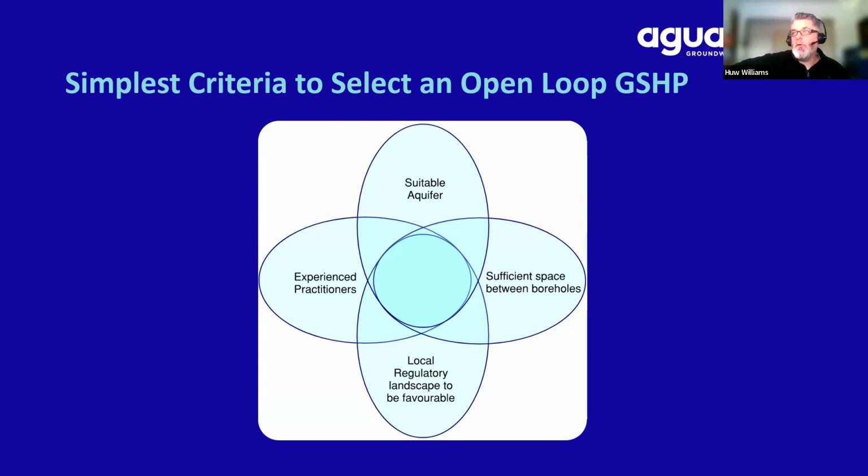There are plenty where the injection of warmer or colder water into a drinking water aquifer, for example, isn't accepted. We have examples where, even though the ground source heat pump system returns all the water back to the source aquifer, it's taken to be a consumptive abstraction, and we're not allowed to operate. There are plenty of examples, and it all depends on the local regulatory regime. And of course, because these are complicated systems, we need experienced practitioners.